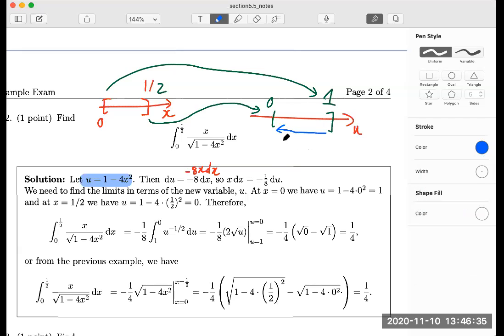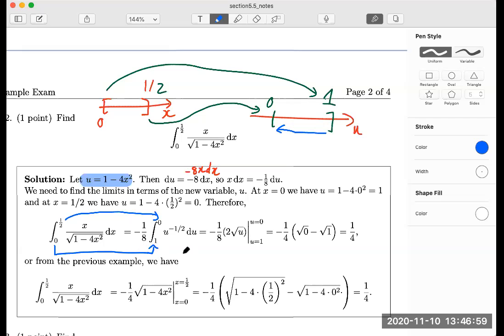It doesn't matter which way we are running, right? But we know that we change the limit, and 1/2 becomes 0 here, 0 becomes 1 here. Okay? We don't care much. We just know the corresponding values.